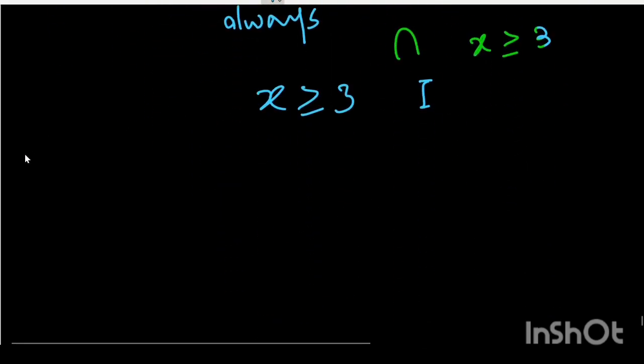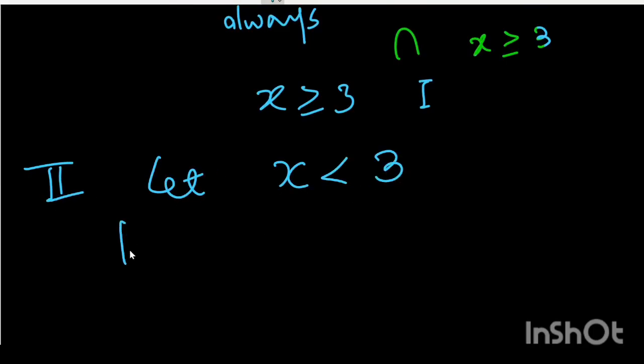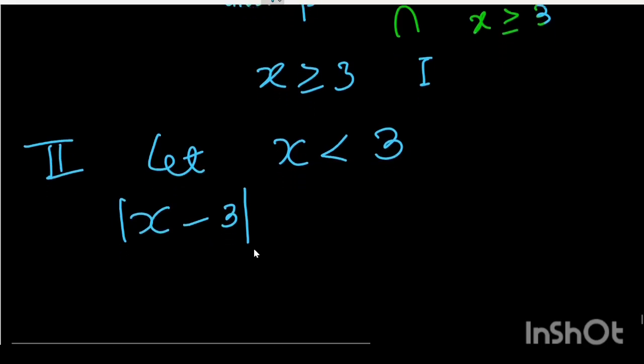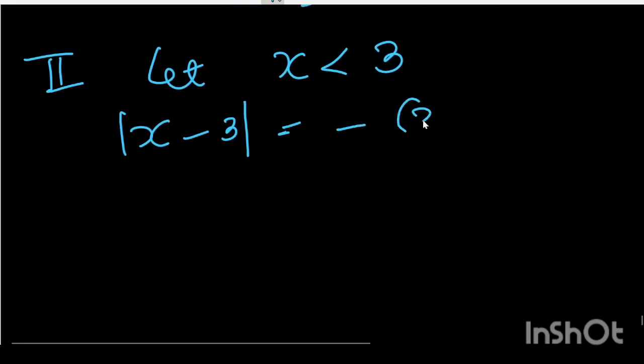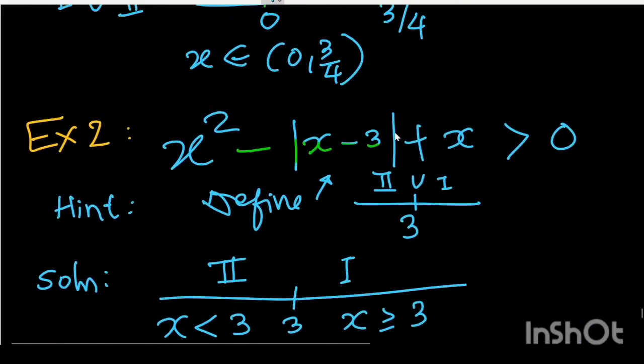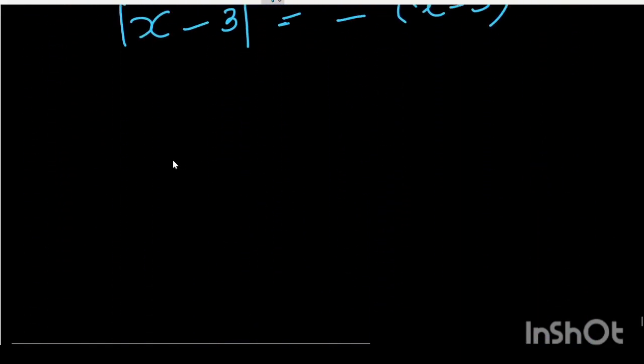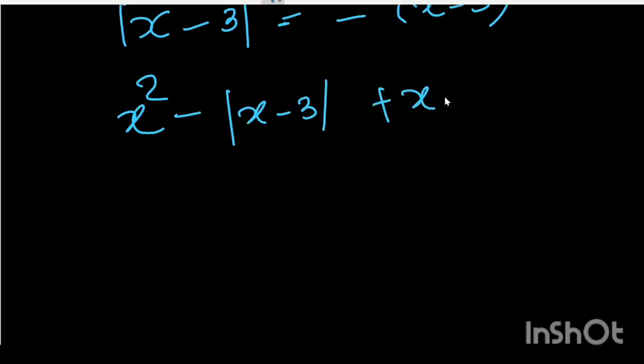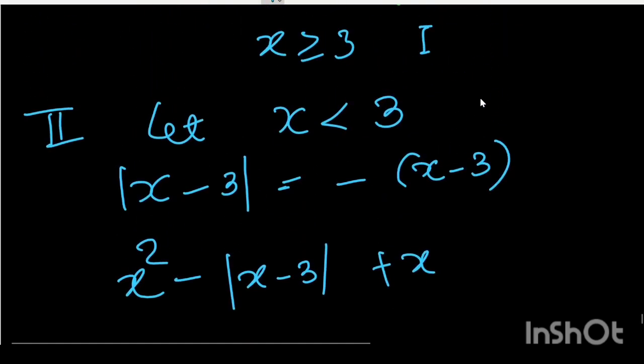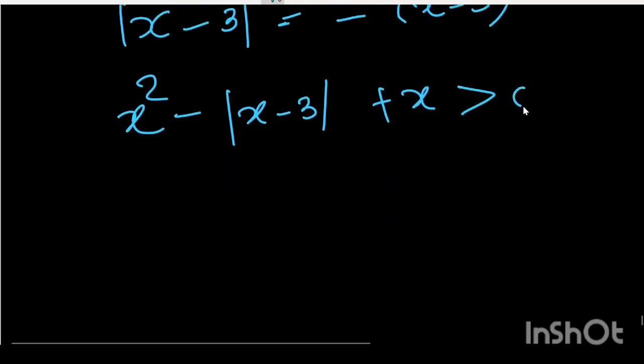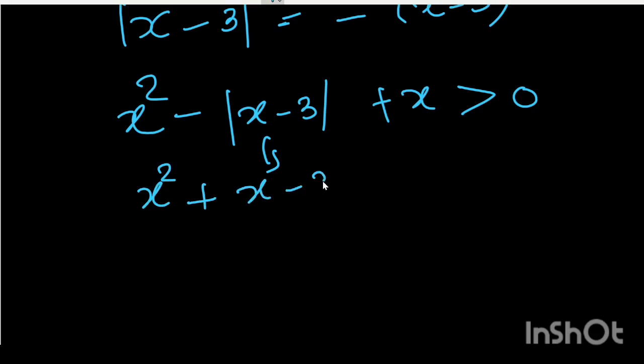Now we will solve case 2, where we assume that x is less than 3. In that case, mod of x minus 3 would be defined as minus of x minus 3. So our question, x square minus mod of x minus 3 plus x greater than 0, when you define it by the minus sign, becomes x square plus x minus 3 plus x greater than 0.